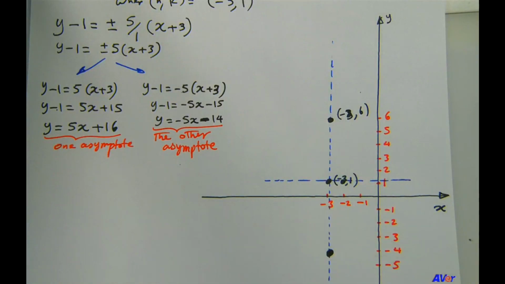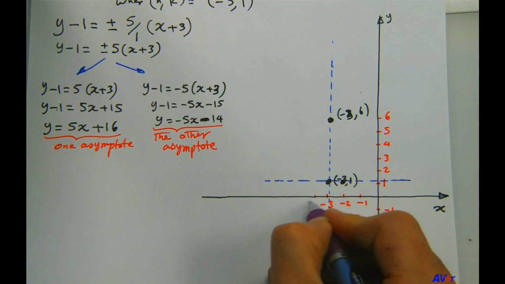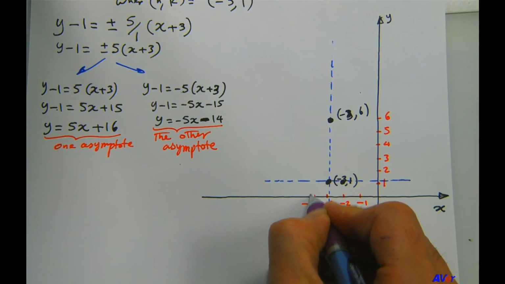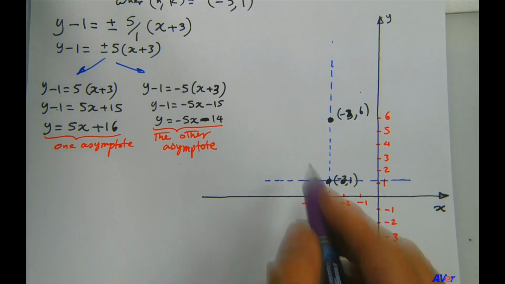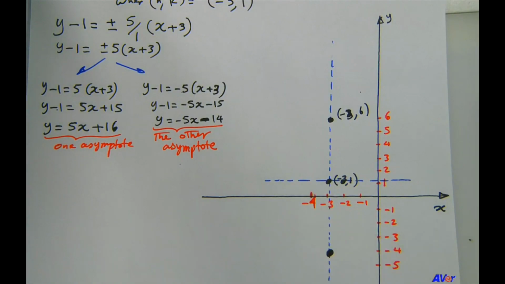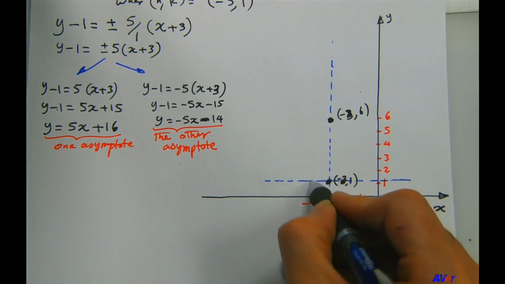So negative 4 comma 1 would be here. That's negative 4 comma 1. So it'll be right there.